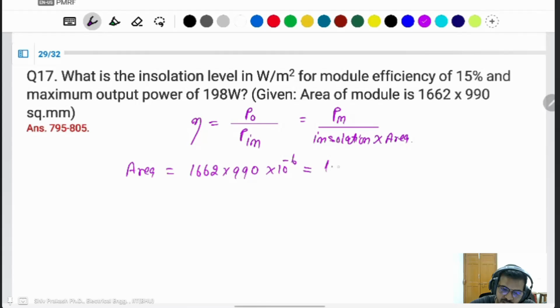This will be 1.645 meter square. Then the insulation you can calculate from here.